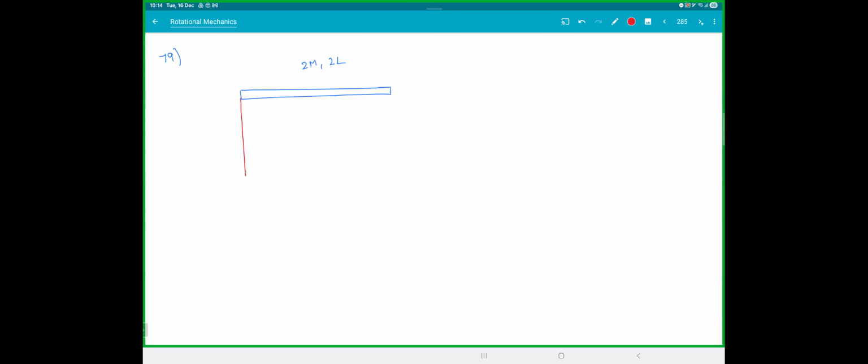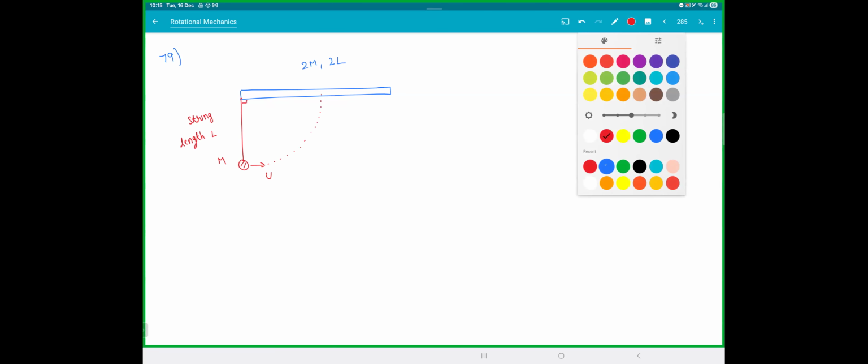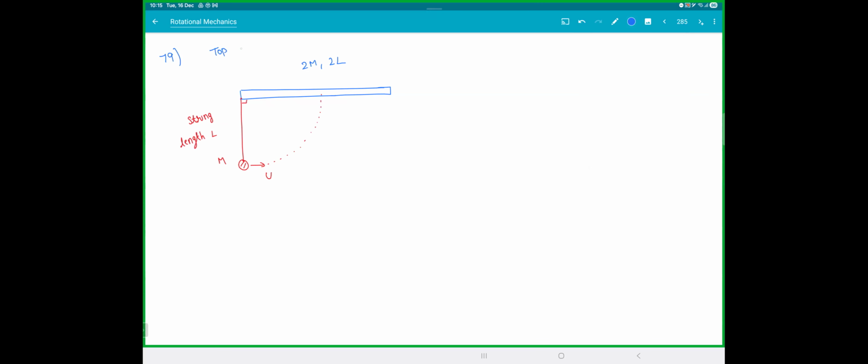You connected this by a string to a mass m, and you gave it speed u, so it can hit the center exactly. This string is length L. This is the top view.